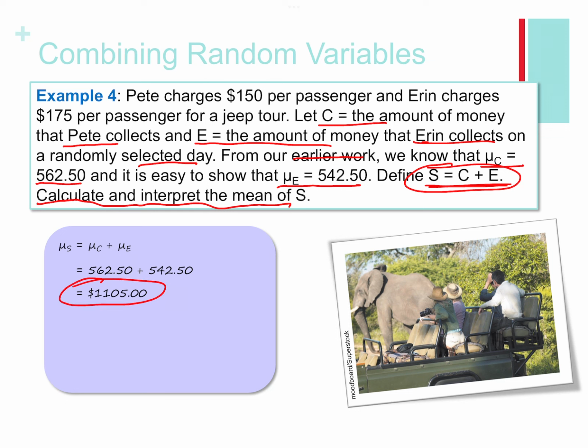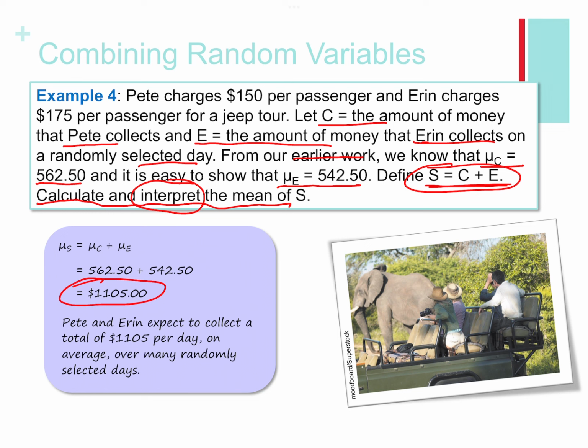Now, interpreting it, I'm going to start getting really picky. I've given you sentences; I'm going to do a sentence here. It's a little bit different than before. As long as you understand one of them, it's fine. So here I say Pete and Aaron expect to collect a total of $1,105 per day on average over many randomly selected days.